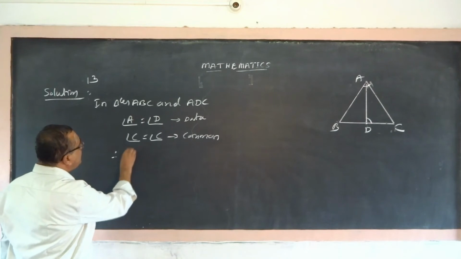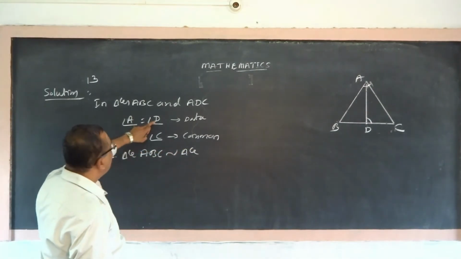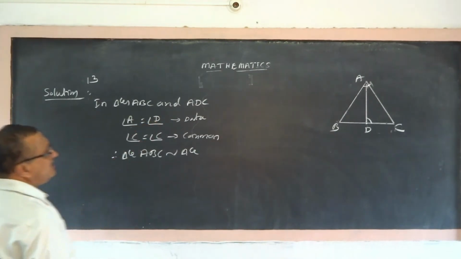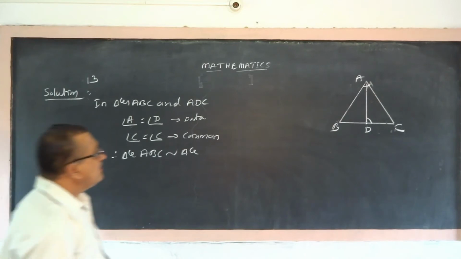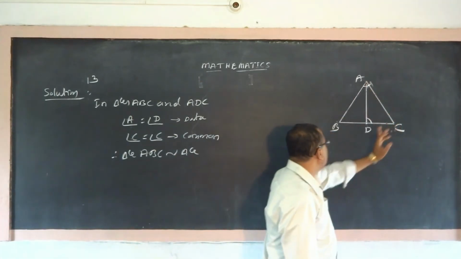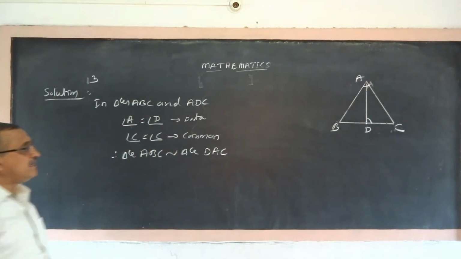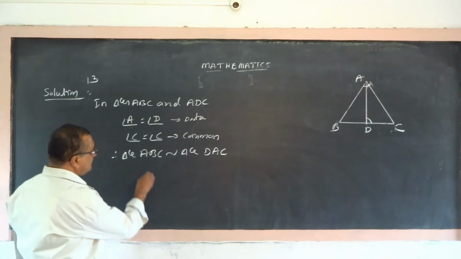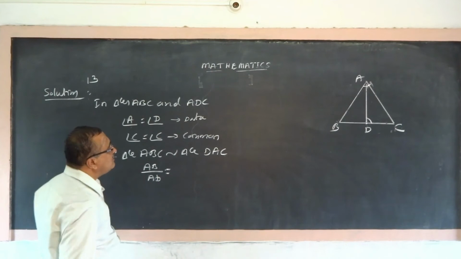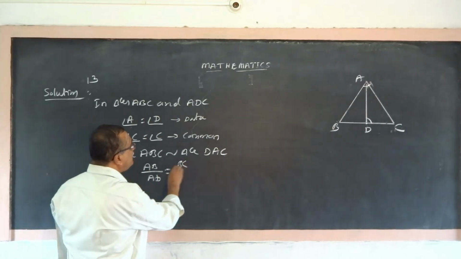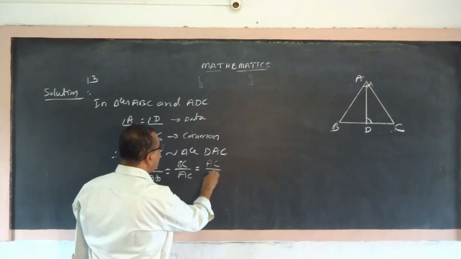Therefore, triangle ABC is similar to triangle DAC. By the proportionality of the sides, AB by AD is equal to BC by AC is equal to AC by DC.